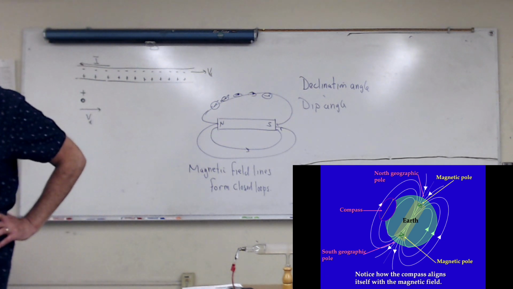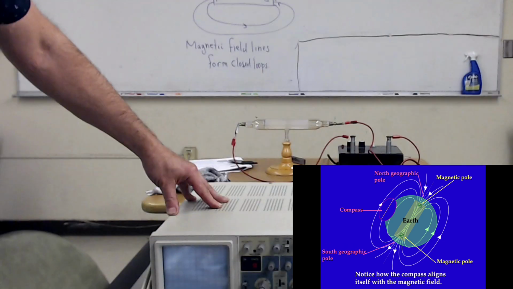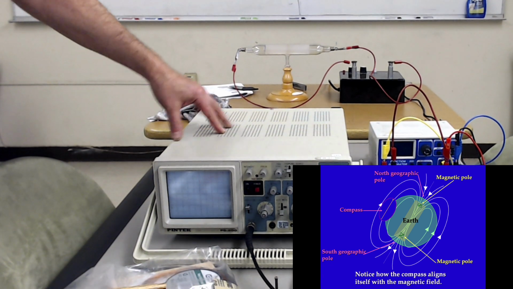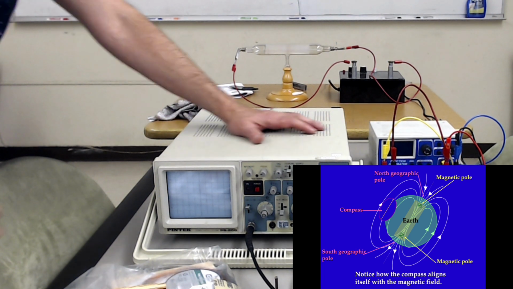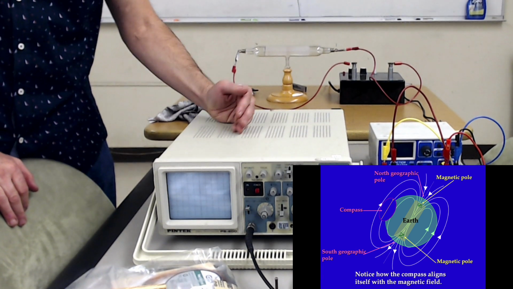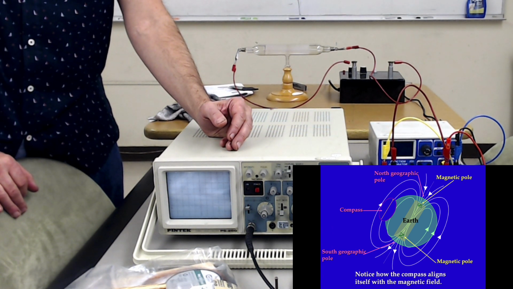In fact, when you come to do the oscilloscope quiz, all you have to do, because this works with electrons going through it, is notice that the Earth's magnetic field affects the electrons.